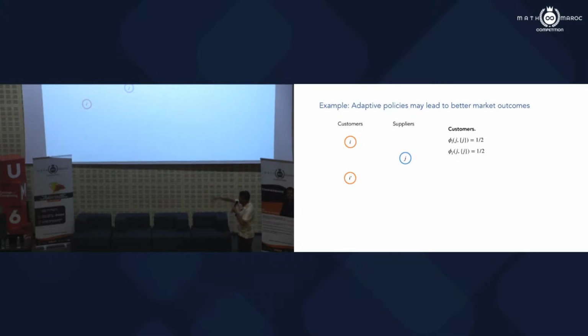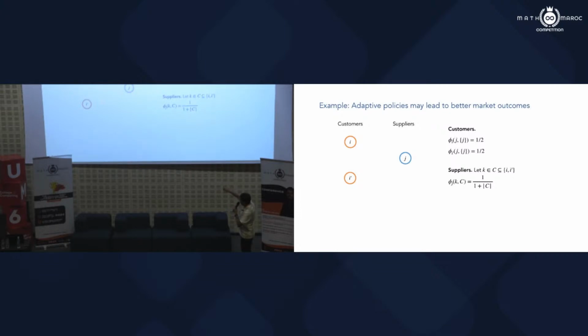Now, what is the probability distribution for J? Well, it depends on how many customers you are showing. You can show one, you can show both of them. If you show one, then the probability is 1 over 1 plus the size of the set that you are showing. So if you show one, it's 1 over 2 that J will choose I, and J will leave with probability 1 over 2.